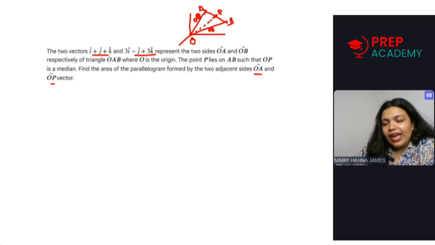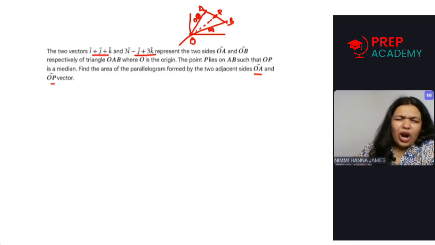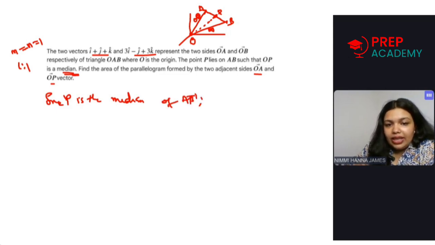This is the midpoint. So the position vector of P is the OP vector. How do we find the coordinates of P? It is the middle point, right? Using the section formula, if it's a median, the ratio is 1 is to 1. That is m is equal to n is equal to 1 in that section formula. So since P is the median of AB, we can write that OP vector is OA vector plus OB vector divided by 2.